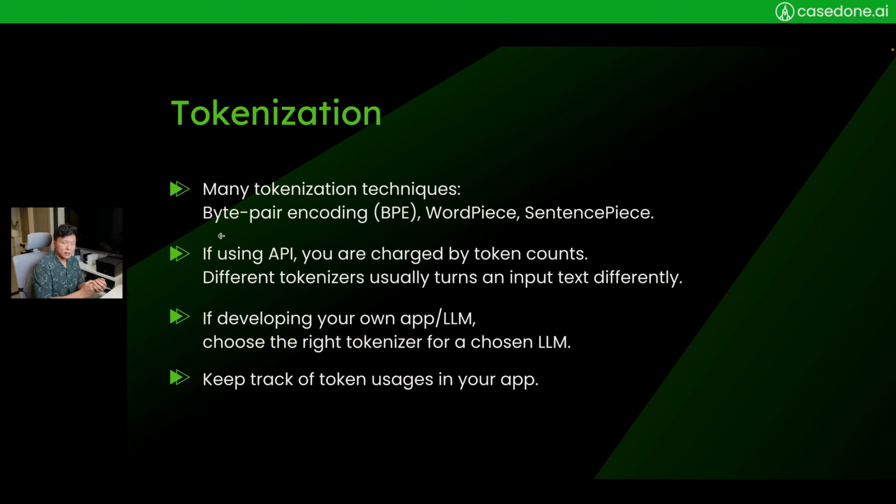If you are using an API, for example, the Vertex AI API from Google, or OpenAI, or the Claude 3 API, you will be charged by token counts. So that's an important aspect to know. Different tokenizers will turn the input text differently into different tokens, and therefore different token counts.